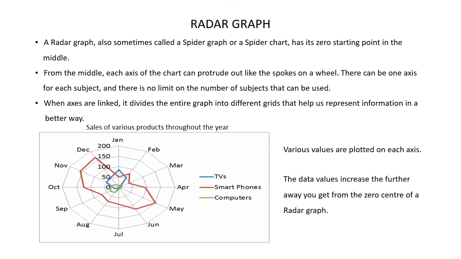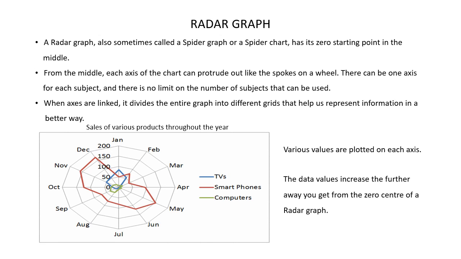Now in this particular radar graph, blue color shows the number of TVs sold in that particular month. The brown color shows the number of smartphones sold. Green color shows the number of computers sold.